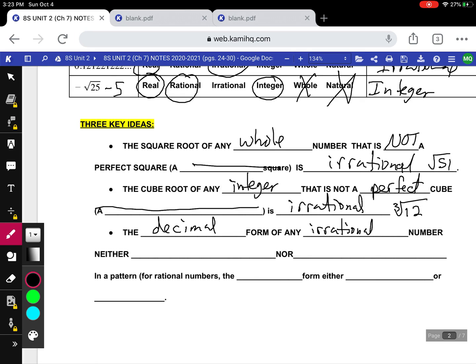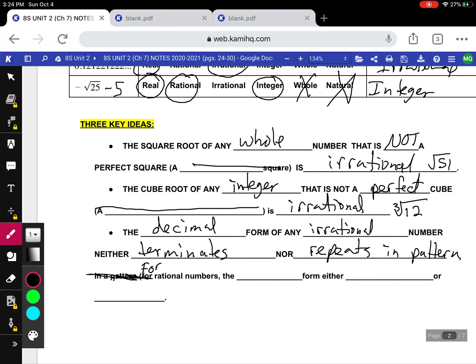of any irrational number neither terminates or stops, so it doesn't terminate, nor repeats in a pattern. Okay.